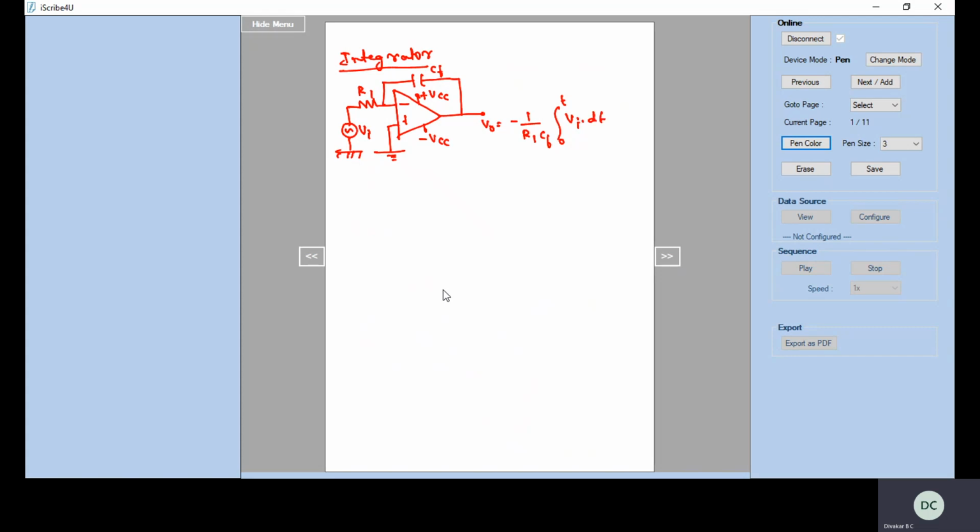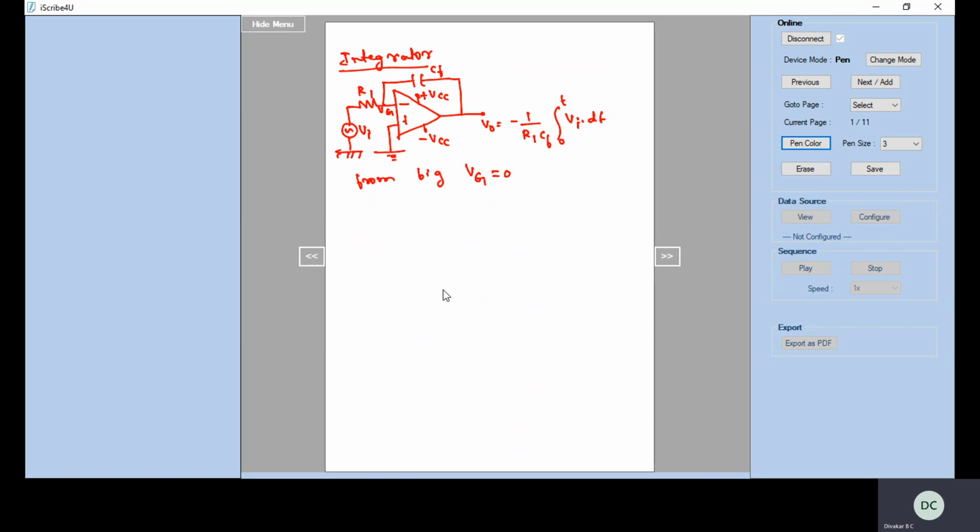Now let us take the virtual ground concept. Due to the virtual ground concept from the figure, Vg is equal to 0. So apply the KCL at the node. If you write the KCL at the node, the current entering is equal to the current leaving.